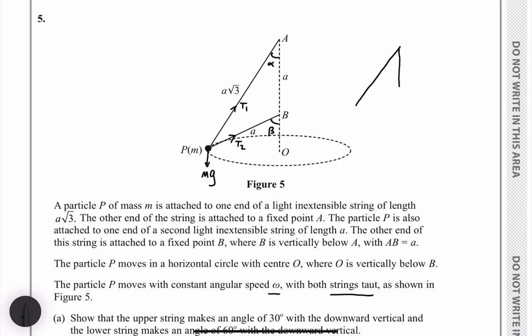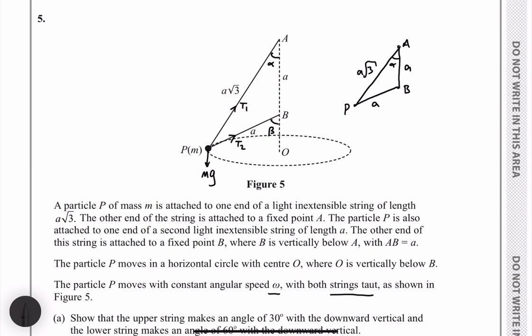From A to B this is little a, but the length of the string from B to P is also little a, and we know that this is a root 3, and we're trying to find this, so that says to me cosine rule.